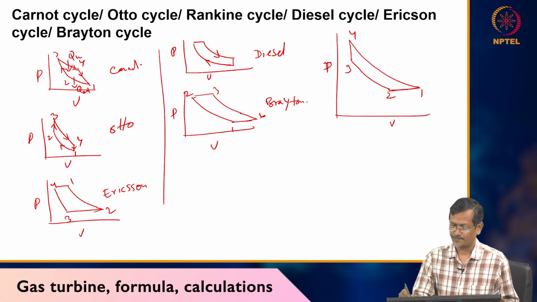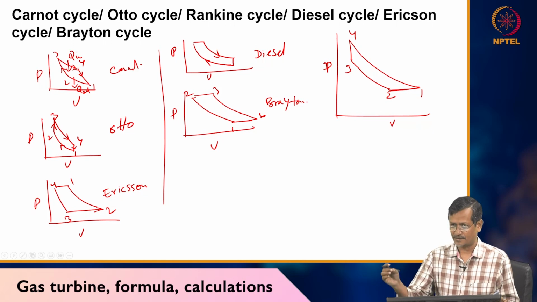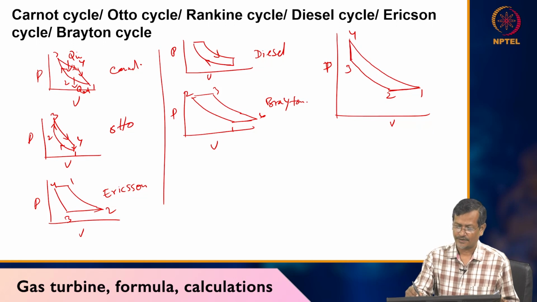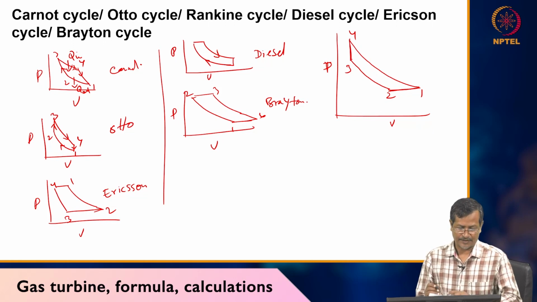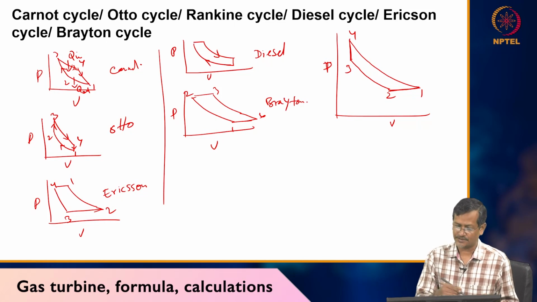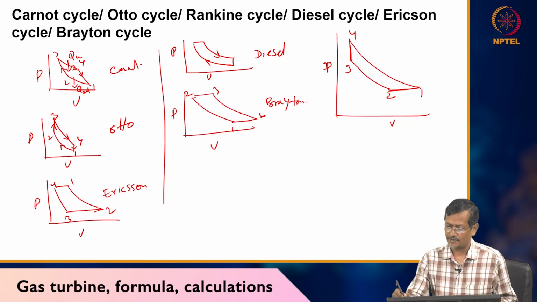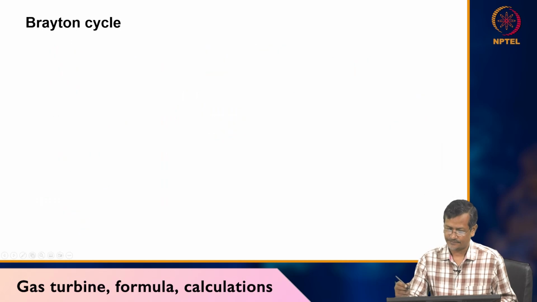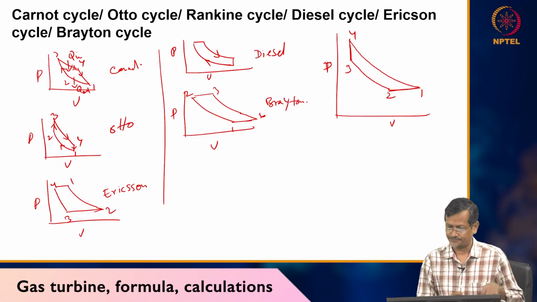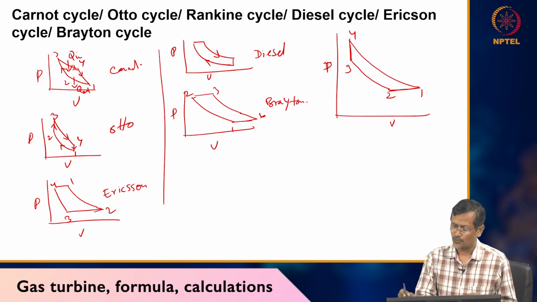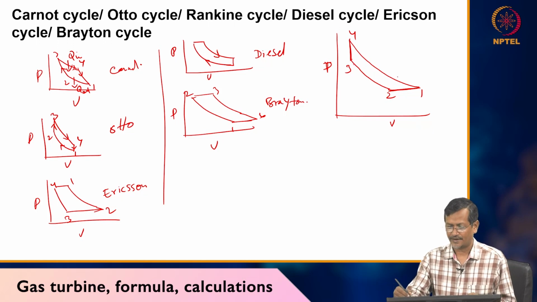So 1 to 2 is a constant pressure process, 2 to 3 an adiabatic process, 3 to 4 a constant volume process, and 4 to 1 again an adiabatic process.